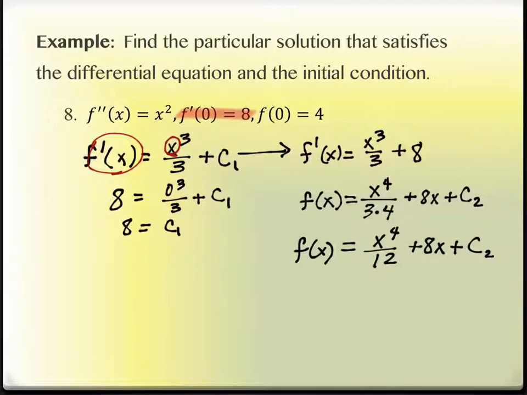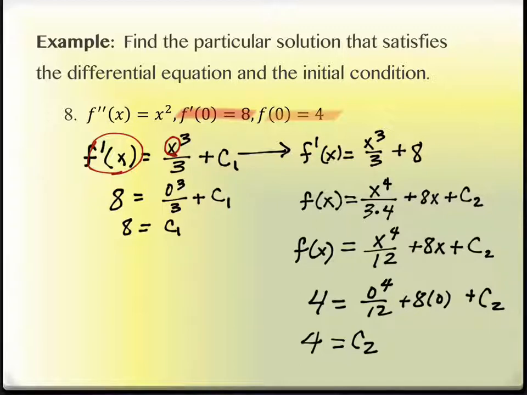All right, so the other piece of information I was given tells me that f of 0 is 4. Well, okay. So 4 here on the left, 0 for my x's. What does C2 end up being? It happens to be 4. Again, that doesn't always work out because I don't always get to insert zeros. I did on this one.